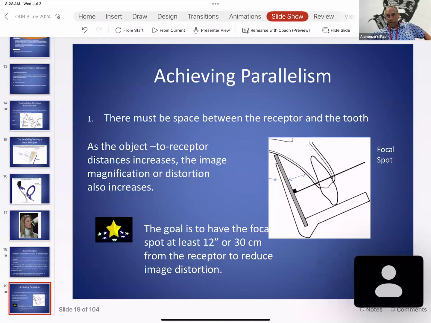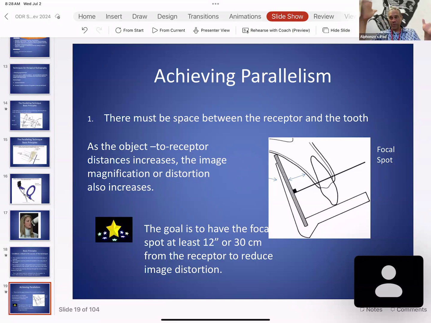Okay, here's another shot of achieving parallelism, and this is a very important point. This was on one of our quizzes. The space between the receptor and the tooth, that is the object to receptor distance, as it increases, the image magnification or distortion also increases.